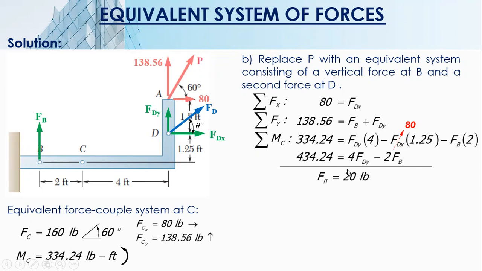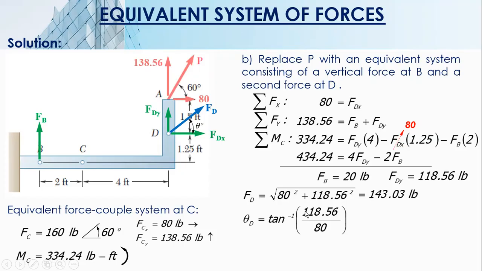After using the method of elimination, this can be solved. FB is positive 20. Therefore, our assumed direction is correct. And FDY is also positive, so our assumed direction is correct too. Since we now have the values of the components, we can get the magnitude and direction. Magnitude is 143.03.